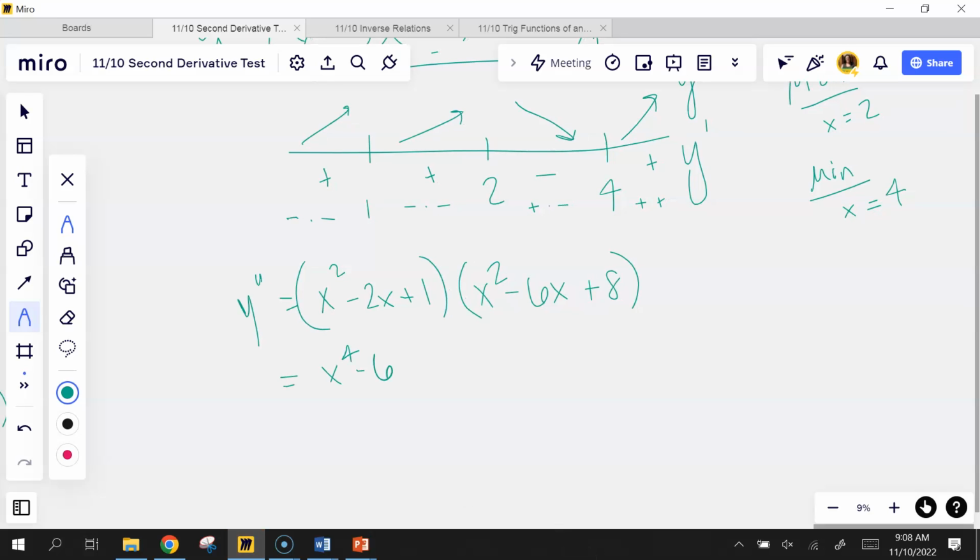X to the 4th minus 6x cubed plus 8x squared minus 2x cubed plus 12x minus 16x plus x squared minus 6x plus 8. And this is not y prime, this is still the derivative, I'm just multiplying out. Minus 8x cubed. Y'all multiply it to make sure you get the same thing I do.